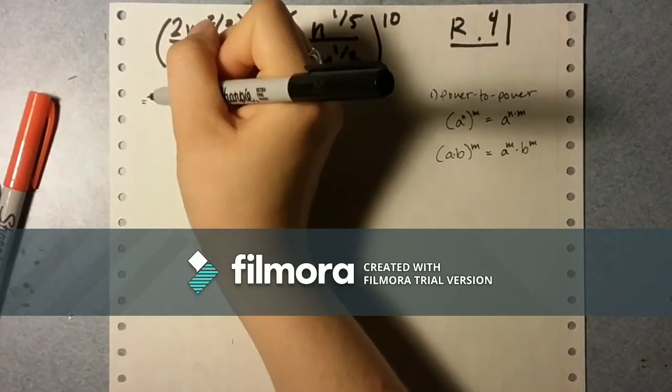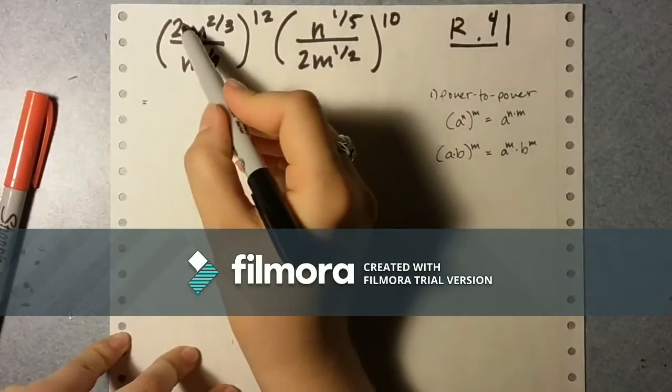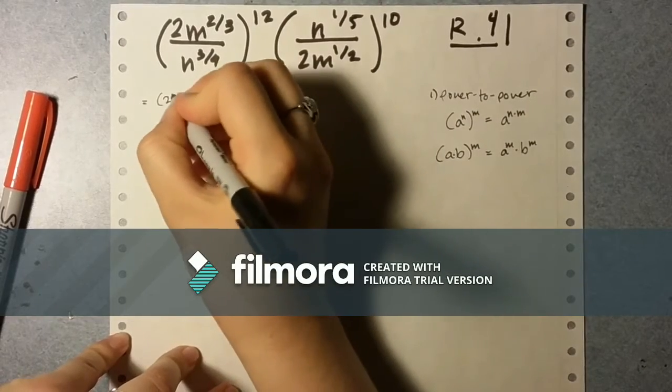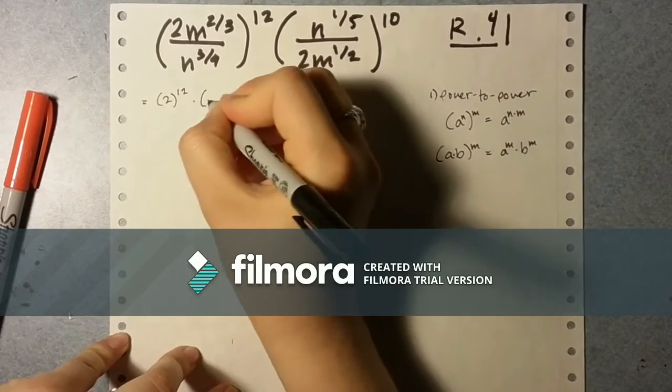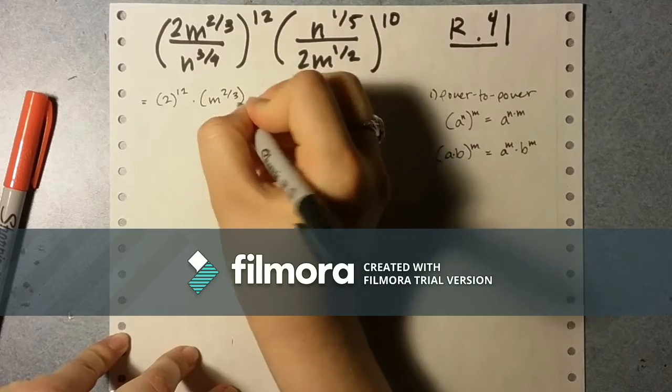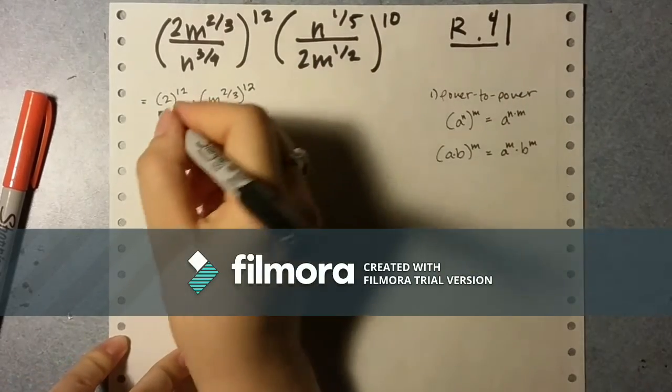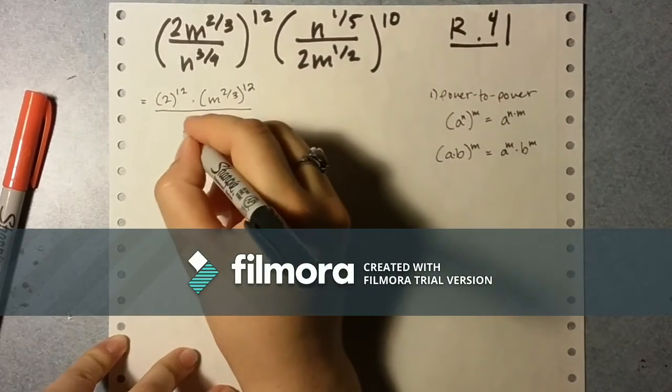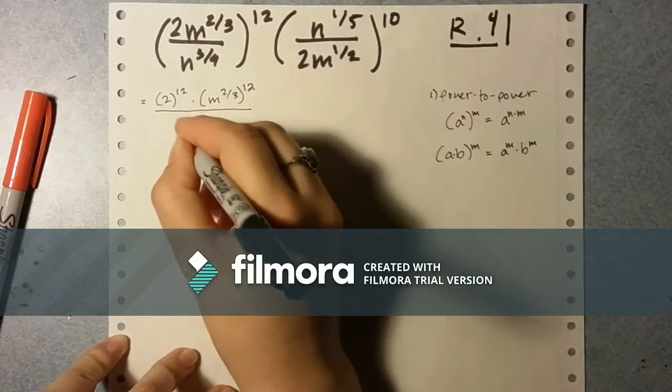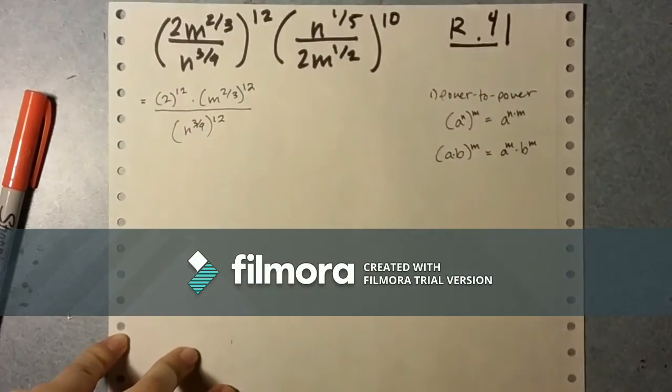This is going to equal 2 raised to the 12th power times m to the 2/3 raised to the 12th power, all over n to the 3/4 to the 12th power.